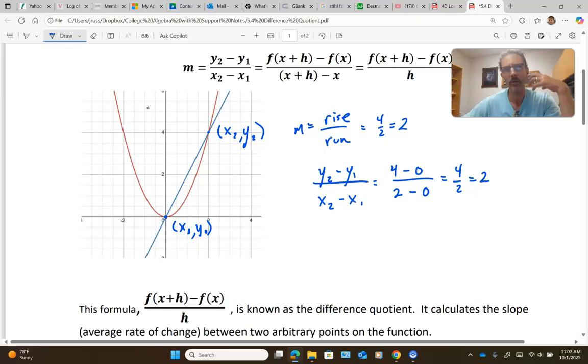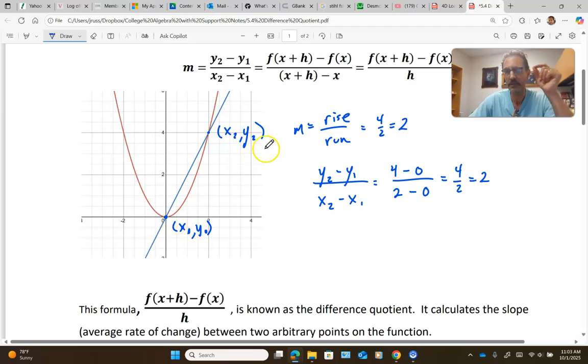Now we make a more general case. Let's fix this first point, and then let our second point be any point somewhere to the right. Of course, depending on what point that is, the line that goes through those 2 points is going to have a different slope, isn't it? It's going to be steeper or not as steep, depending on what that second point is.